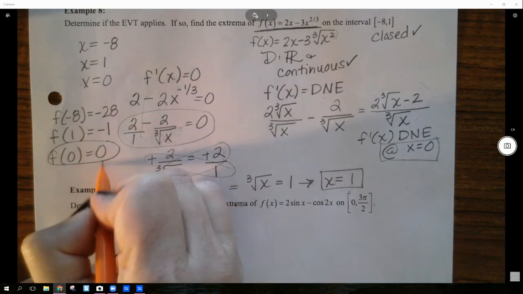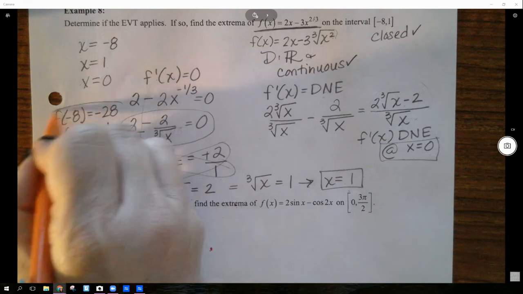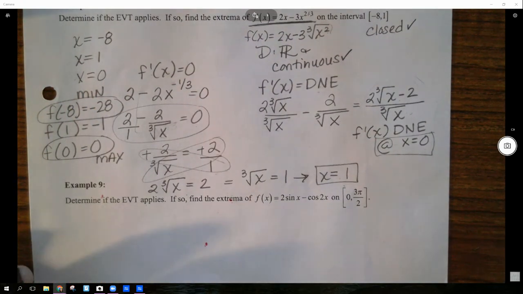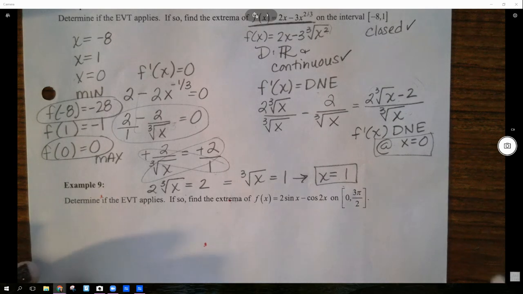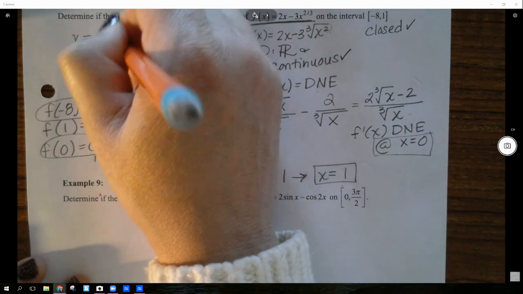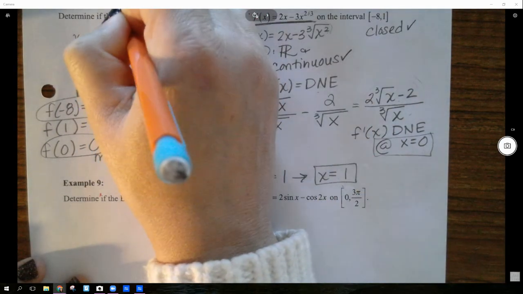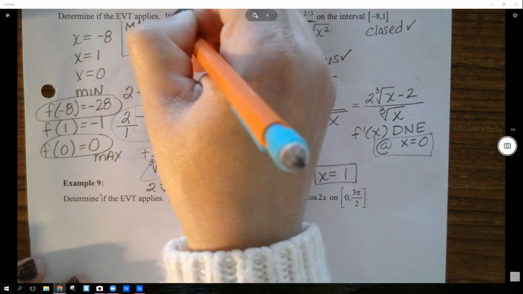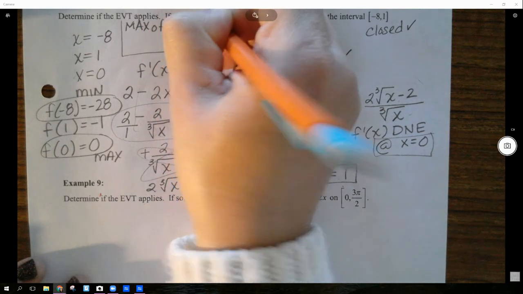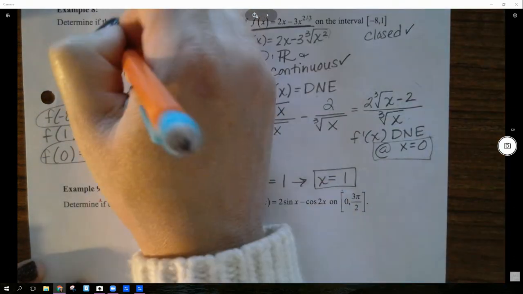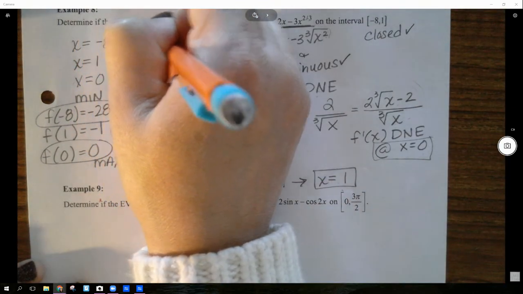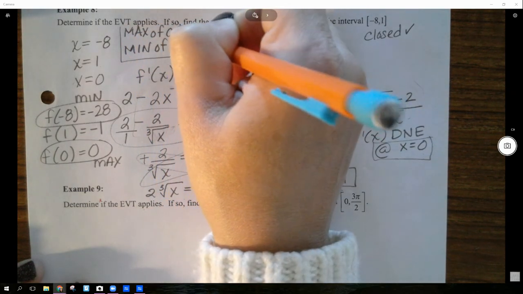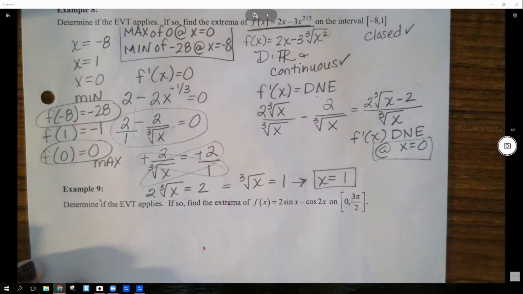So this is going to be your max, and -28 is going to be your minimum. So I don't know if I can squeeze it in here anywhere, but I guess I can put it right here. So you're going to have a max of 0 occurring at x equals 0. And you're going to have a min of -28 at x equals -8.